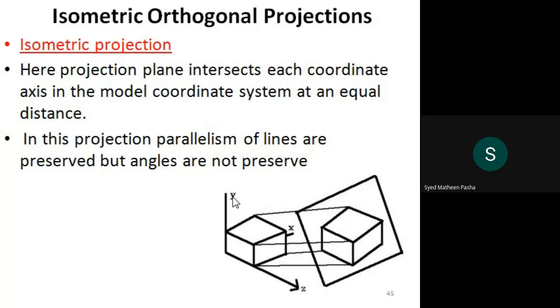Then, what is isometric projection? In isometric projection, basically the intersection of planes happens where each coordinate axis in the model coordinate system is at an equal distance. That is, if you represent a three-dimensional object, a square or a box, with respect to x, y, as well as z planes, with the help of isometric projection, the planes whichever you are defining here, that is the XYZ planes, intersect with each other.